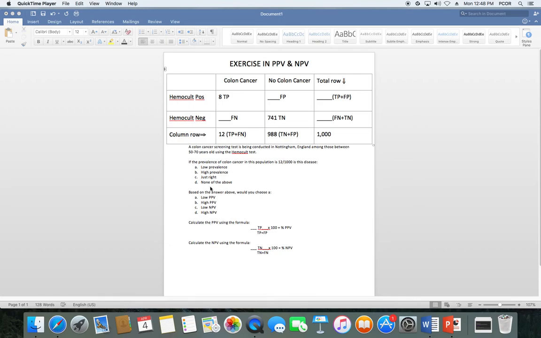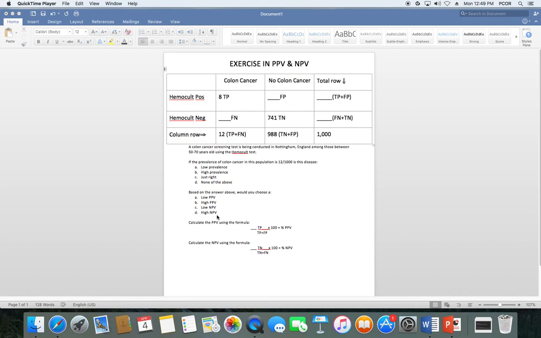And then if it is a low prevalence disease, what is the best way to predict a low prevalence disease? Is it to have a low positive predictive value instrument, a high one, or a low negative predictive value or high negative predictive value?